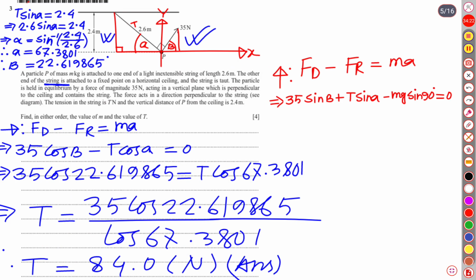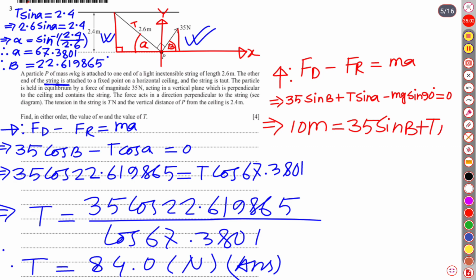Then let us substitute the values. We require m, so let us write m on one side. Acceleration due to gravity is 10 and sine 90 is 1, so it is going to be 10m. 10m is equal to, if they move their places, 35 sine beta plus tension sine alpha.